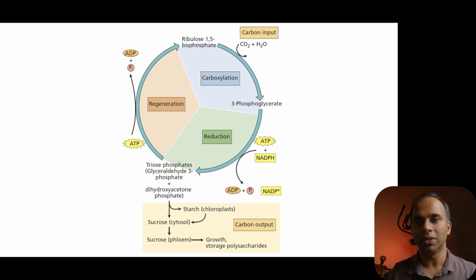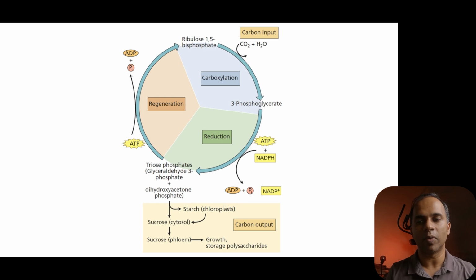And as you can remember, the starting point is ribulose 1,5-bisphosphate. It is going to react with carbon dioxide and water, and that is going to produce 3-phosphoglycerate. Then 3-phosphoglycerate will be converted into triose phosphate and dihydroxyacetone phosphate by using ATP and NADPH.